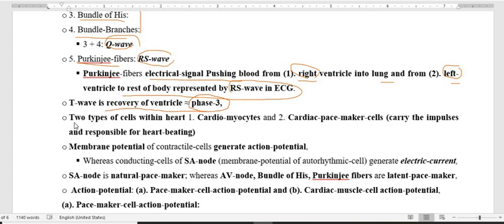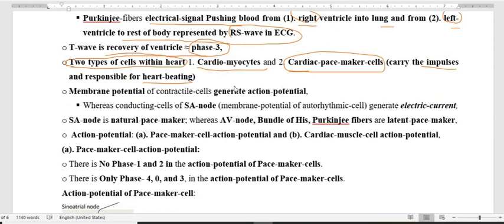There are two types of cells in the heart. One is called the cardiac myocyte that we already mentioned, and the other is the cardiac pacemaker. The cardiac pacemaker passes out the electric current in the form of impulses, which is responsible for beating the heart.